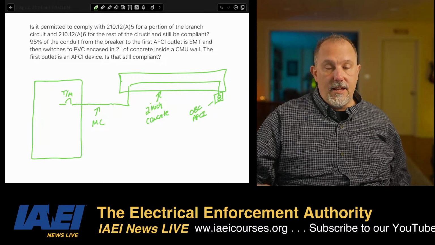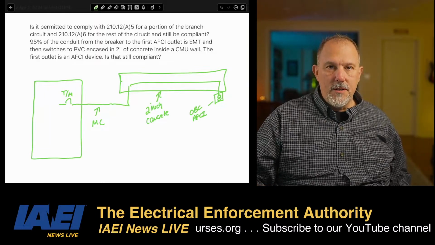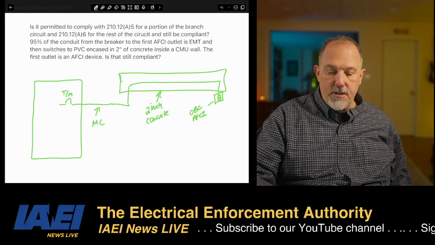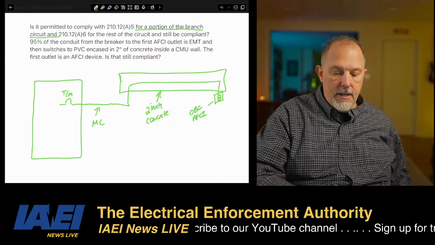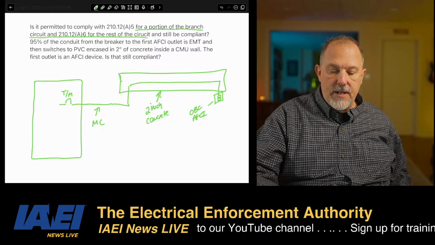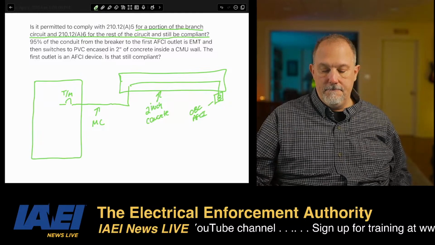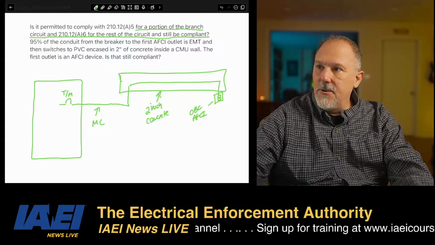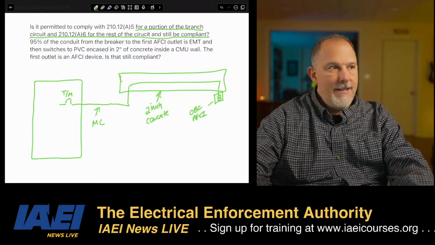So what he's saying, and this is a good one, is it permitted to comply with 210.12(A)(5) for a portion of the branch circuit and 210.12(A)(6) for the rest of the circuit and still be compliant? When I look at the language, here's the issue.